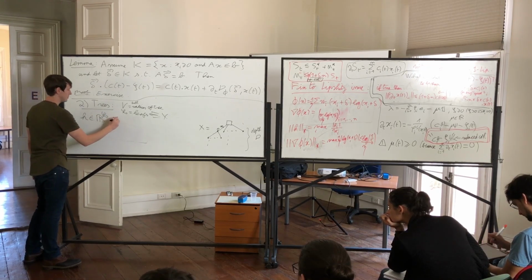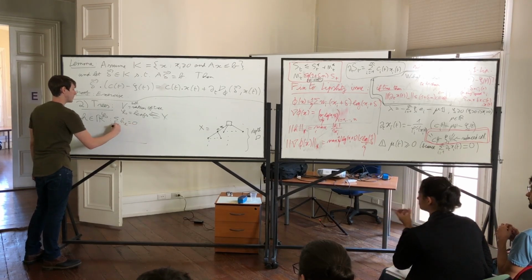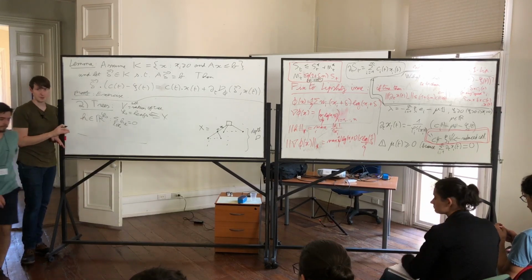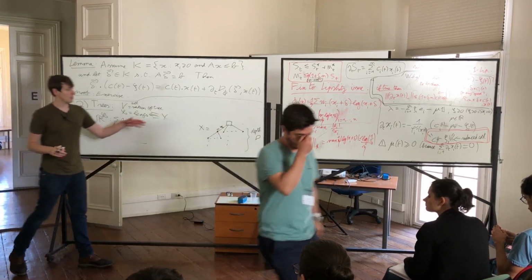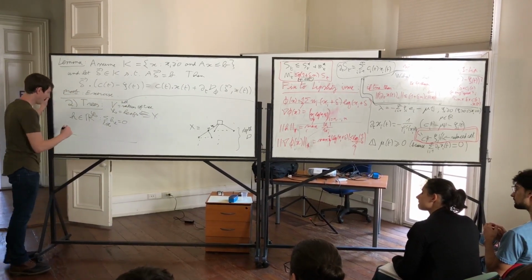So if you have H in R to the L, such that the sum of the H_l is equal to 0, H is some movement that you want to make on the leaves. How much movement will you make? I claim that the following formula is true.